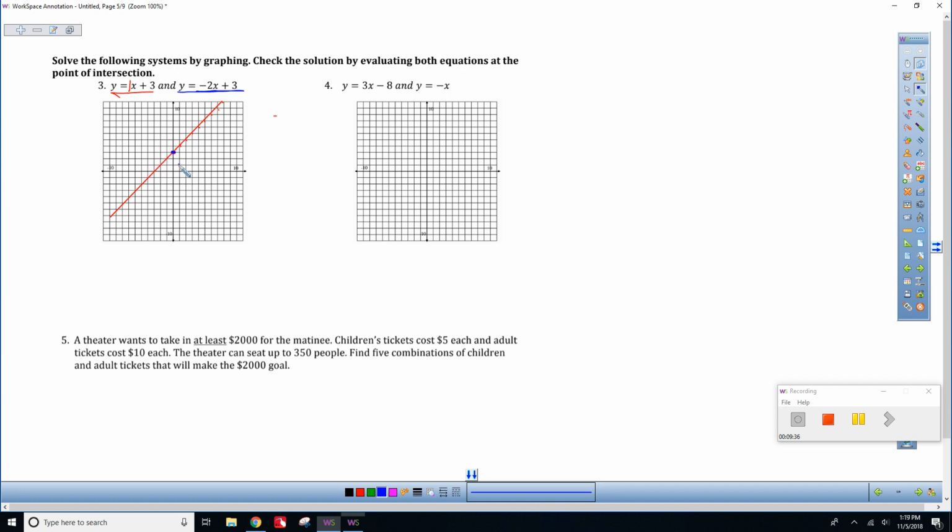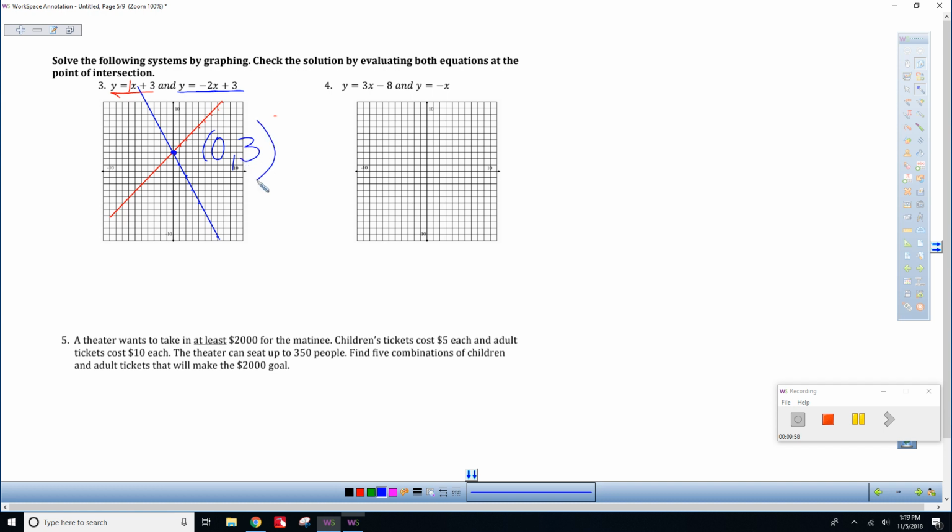Over 1, down 2, over 1, down 2, over 1, down 2, over 1, down 2. You get the idea? And you can see that the point of intersection is 0, comma 3. So that's the answer to the question.